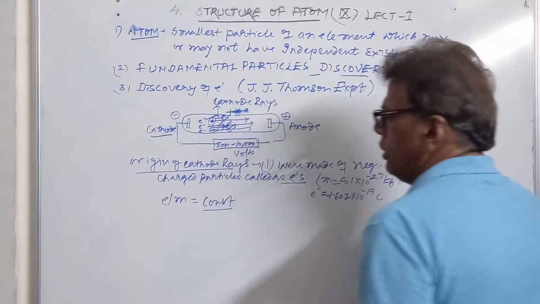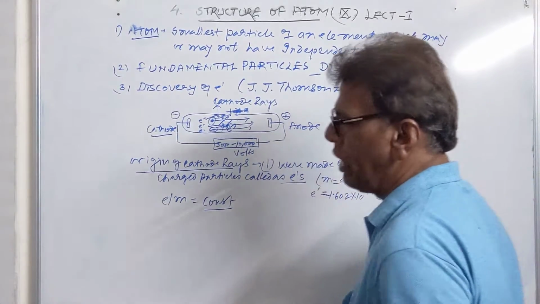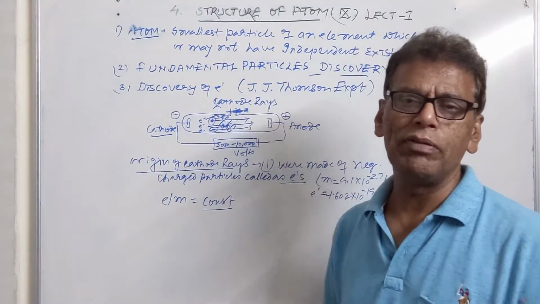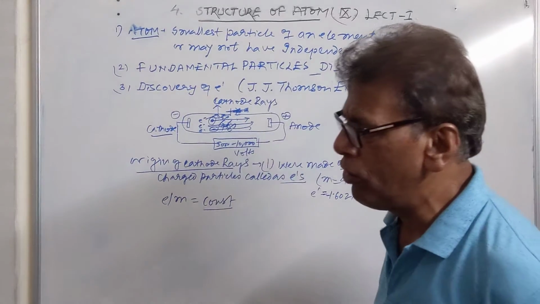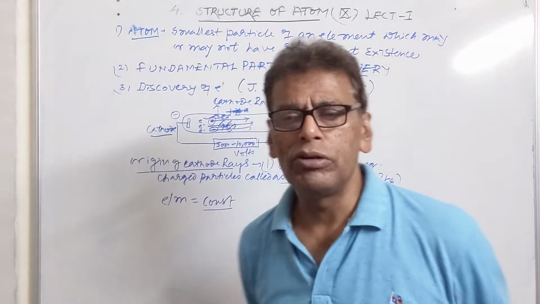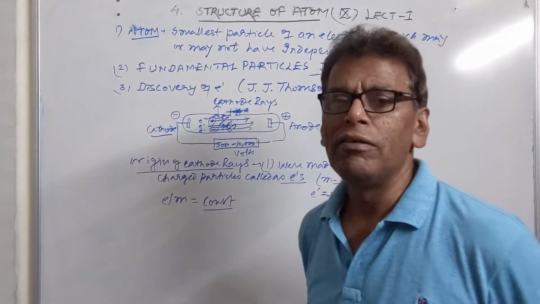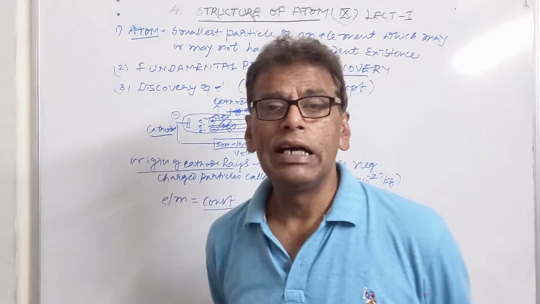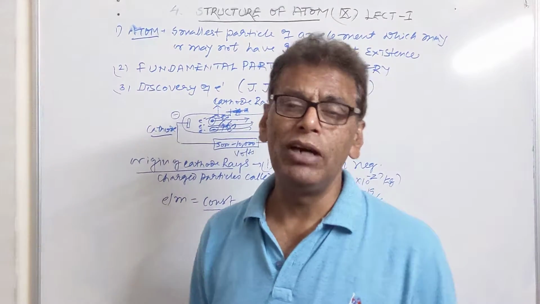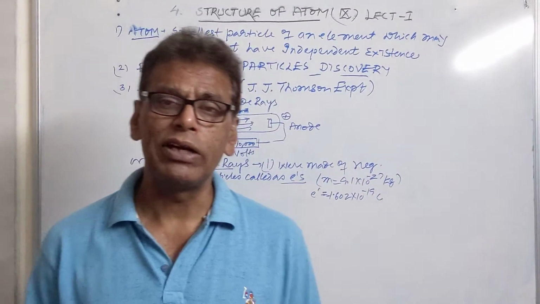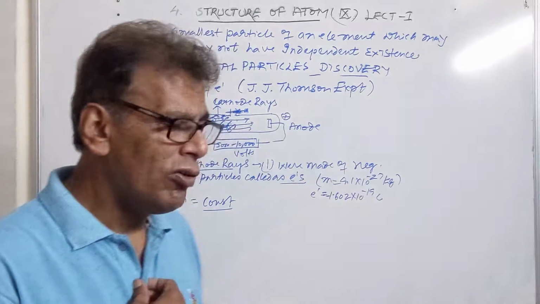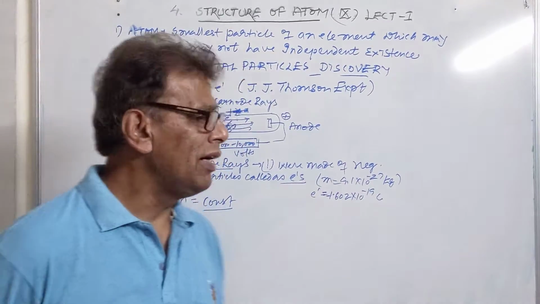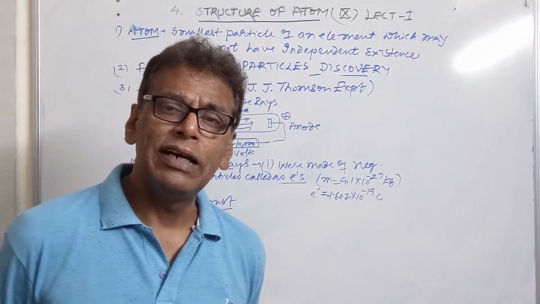Then we come to the effect on photographic plate. They affect the photographic plate; they spoil the photographic plates on which they are focused. And then they have the heating effect. They are made of material particles. It is proved by a thin wheel placed in their path, which gets rotated by the strike of the electrons. They show fluorescence.